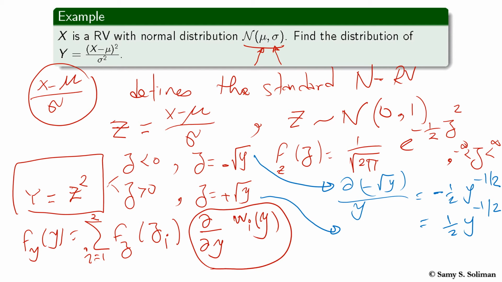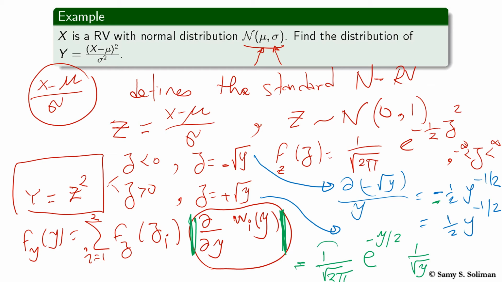However, notice that in the Jacobian we have to multiply by the absolute value of this derivative, so this negative sign will make no difference, and consequently once we complete the steps, we get the probability density function of y equals 1 over square root of 2 pi e power negative y over 2 times 1 over square root of y.